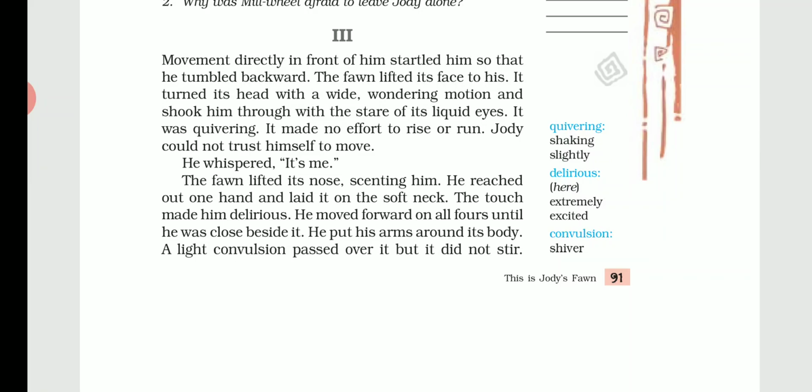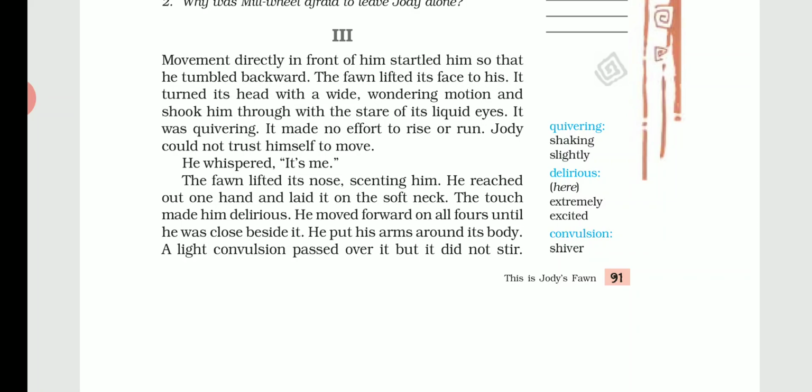So delirious here means extremely excited by a warm touch. Okay, and convulsion means shiver. So now what happened? When Jody whispered very politely, very lightly, that it's me, the fawn sniffed and smelled him. Jody reached out his hand and laid it on his soft neck.